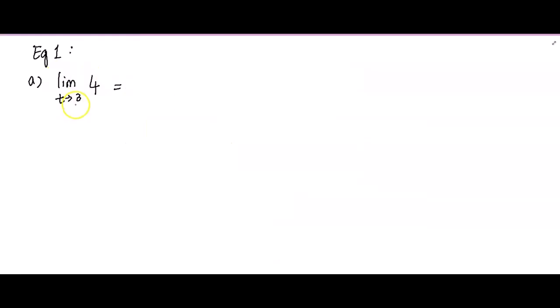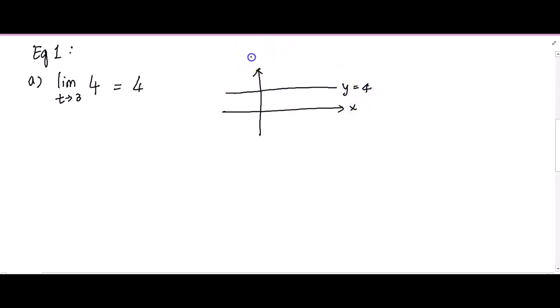As an example, I have to find the limit of 4. The function is 4 when t approaches 3. If you have a constant function, we don't care what value t approaches. The answer of the limit is 4. This can be explained by using the graph of y equals 4, with the x-axis and y-axis. This is the 4.